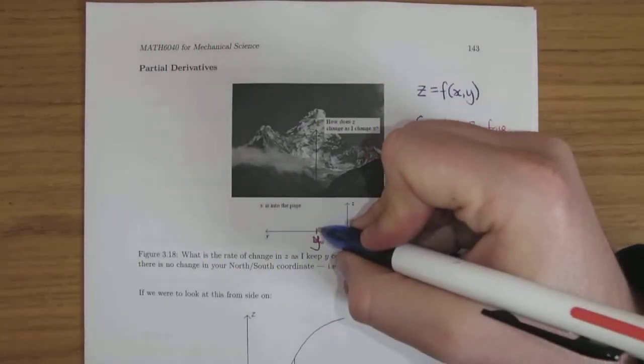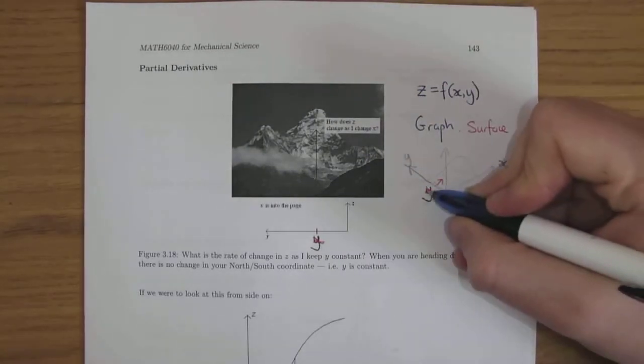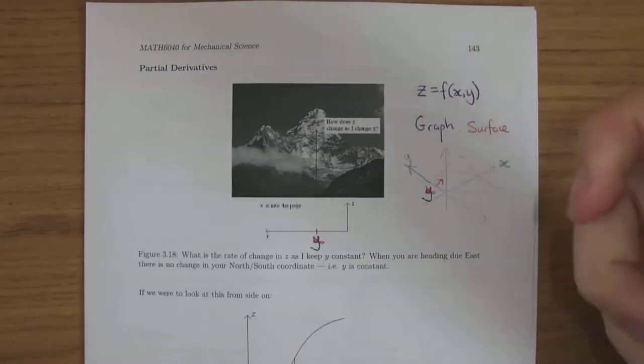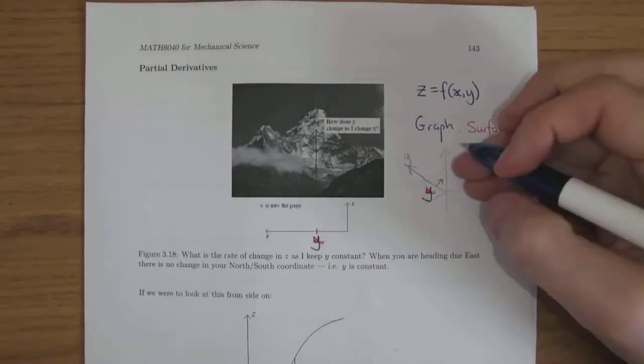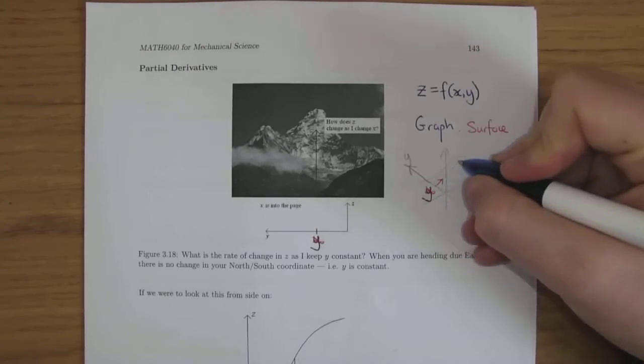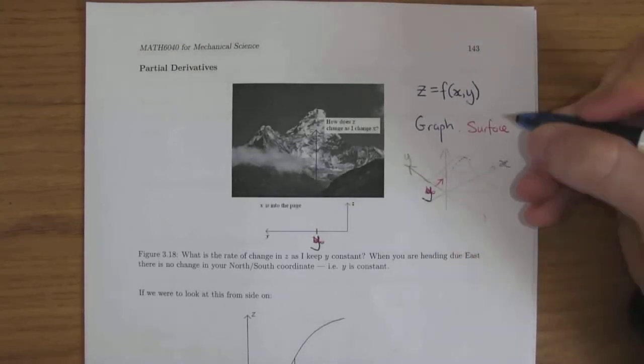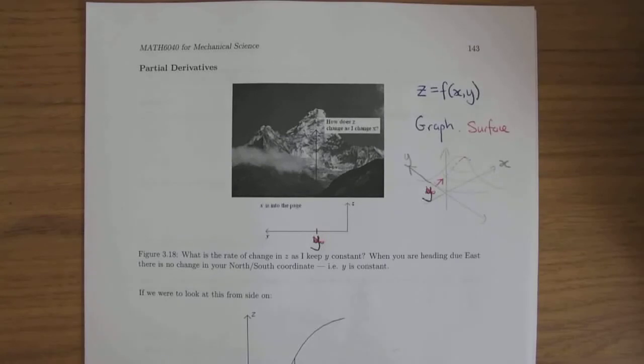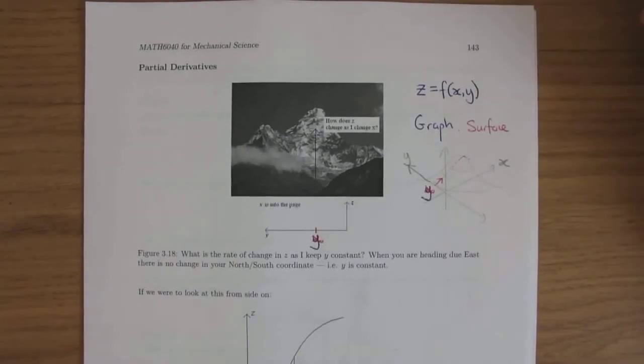So y is fixed and x is changing. So y is fixed and you're walking along the x direction. And then you go down the back of it, which we can't see. So we're looking at the slope in the x direction is essentially what we're talking about.